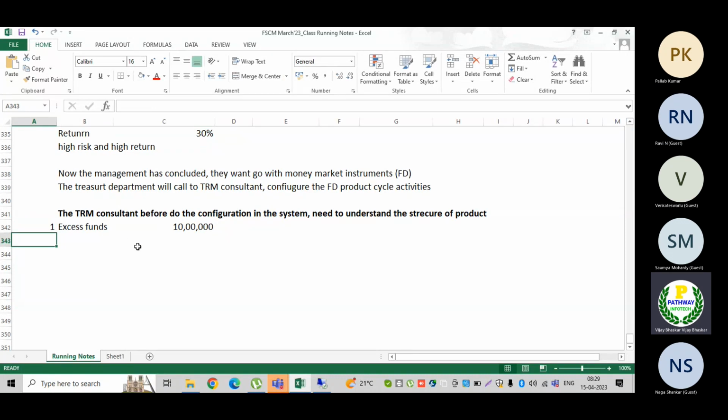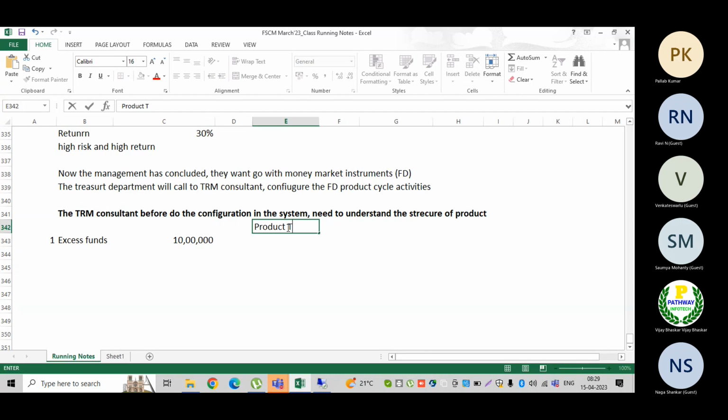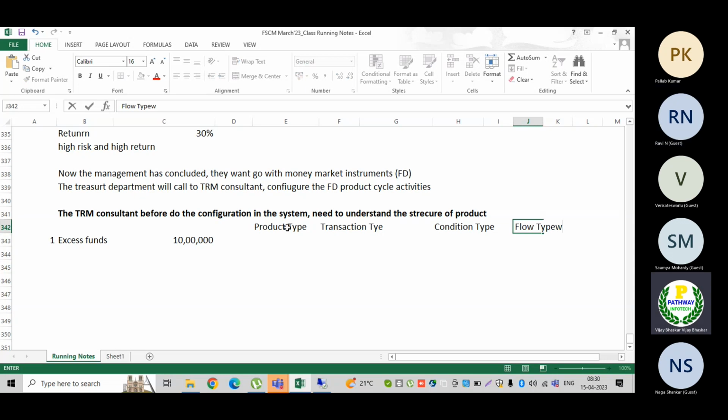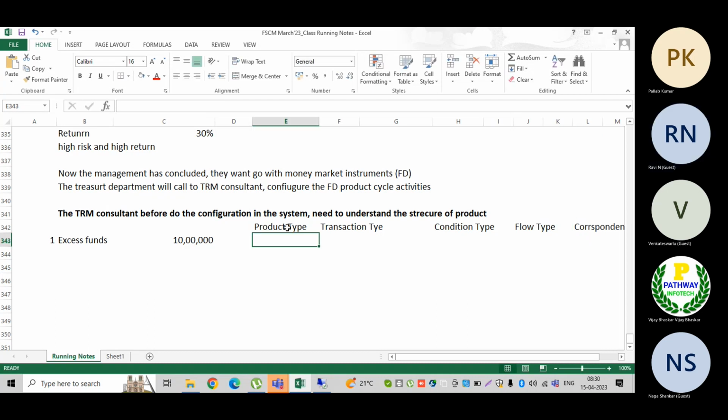Once this is done, remember, I'll put it like this: product type, then transaction type, then condition type, then flow type, and the last one is correspondence.